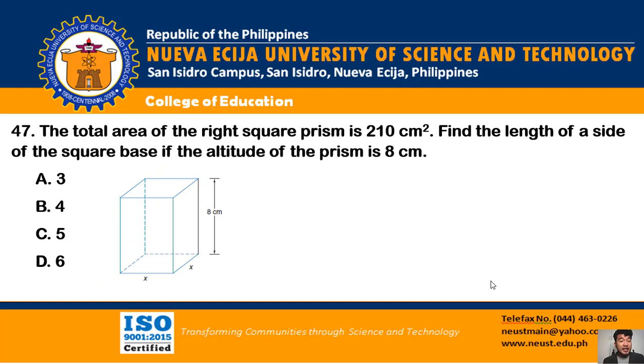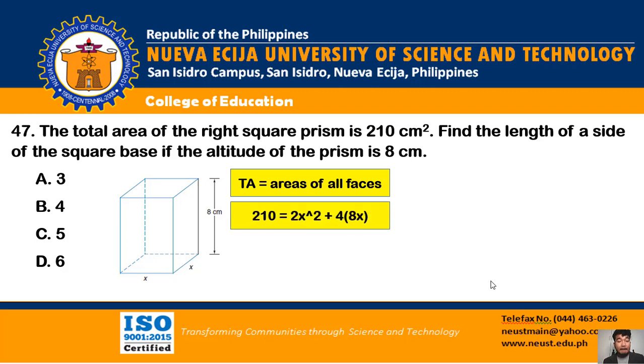47. The total area of the right square prism is 210 square centimeters. Find the length of a side of the square base if the altitude of the prism is 8 centimeters. Take note the total area once again is equal to the areas of all the faces.